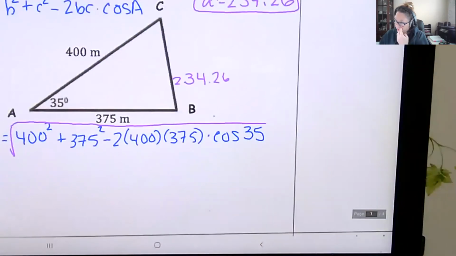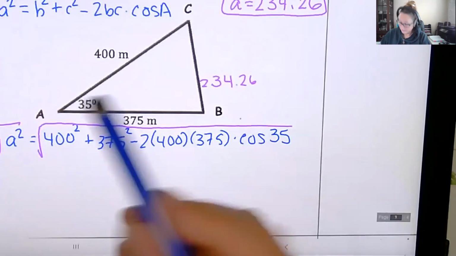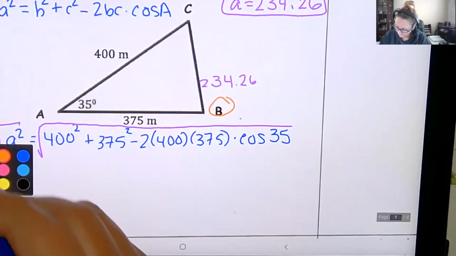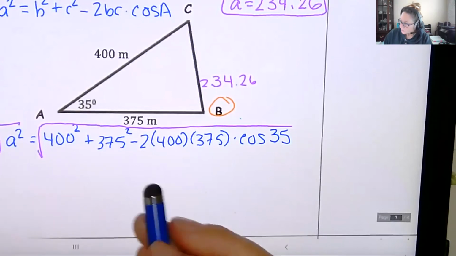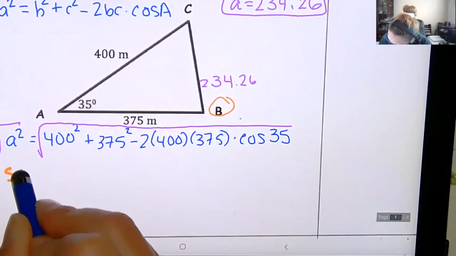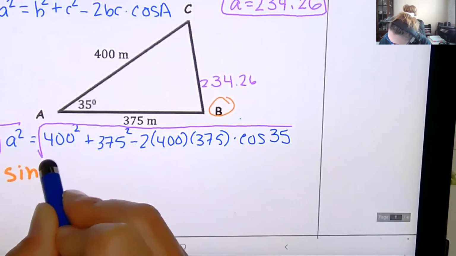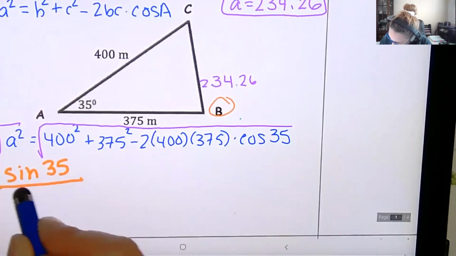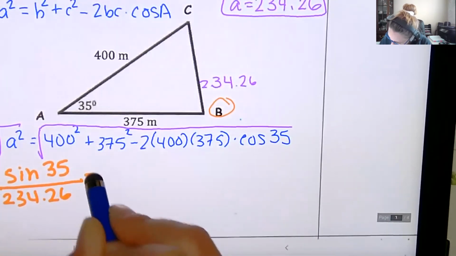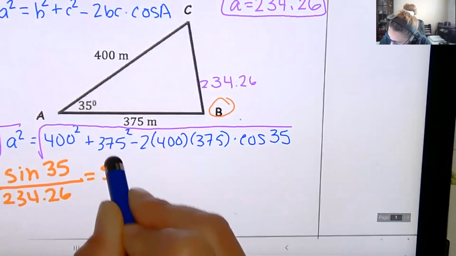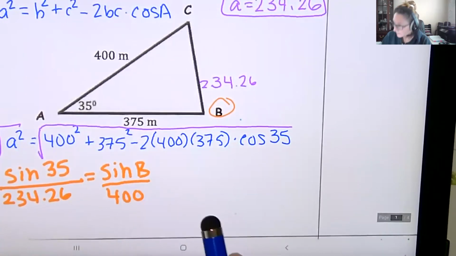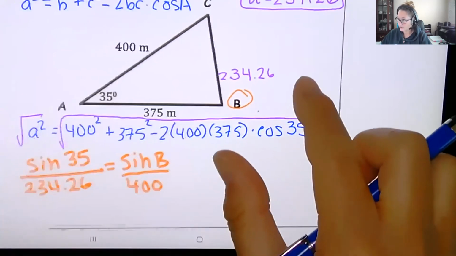So next thing I'm going to do is I'm going to find, let's say, B. It's a little thicker. So for B, I'm going to do sine of 35 over 234.26 equals sine of B over 400. And I'm going to cross multiply and solve.